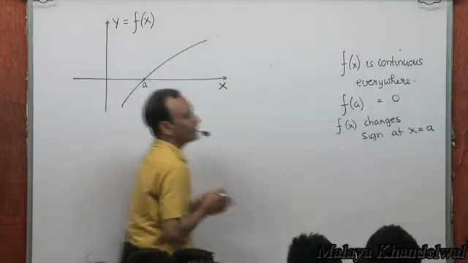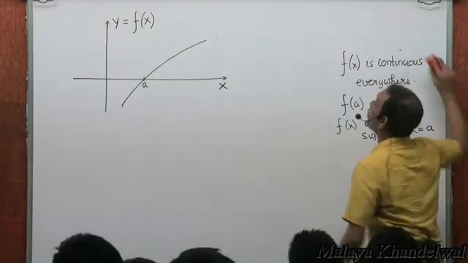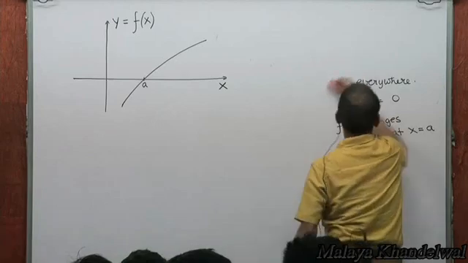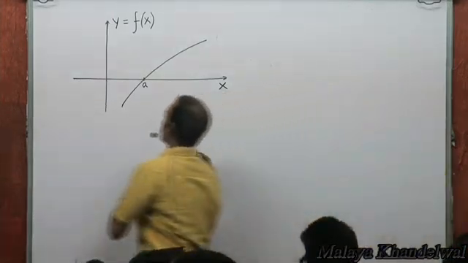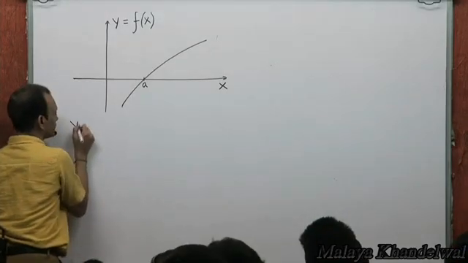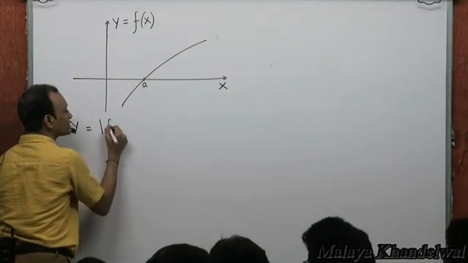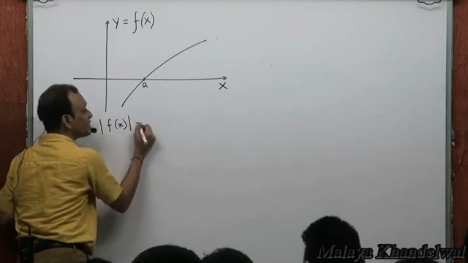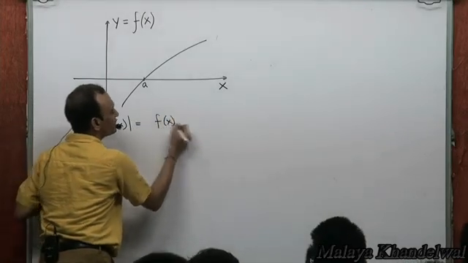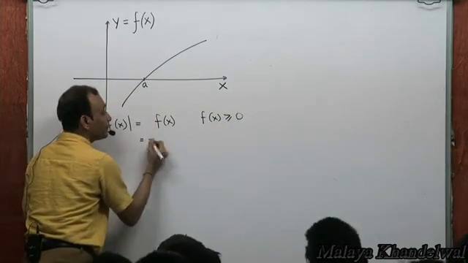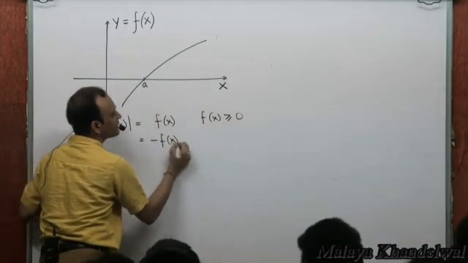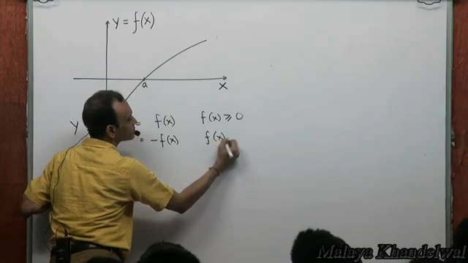Now, if I look at y equal to mod of f(x), if you recall, I had discussed this: mod of f(x) will be the same as f(x) whenever f(x) is greater than or equal to 0, and will be minus f(x) whenever f(x) is less than 0.